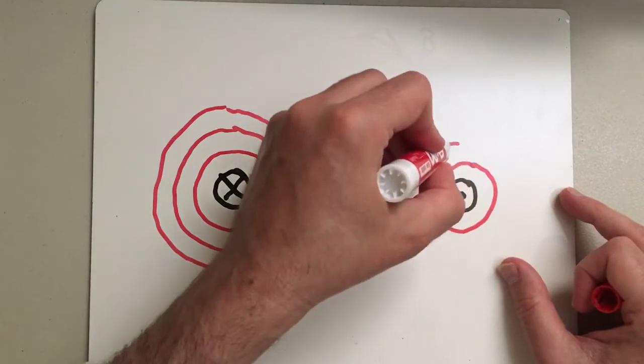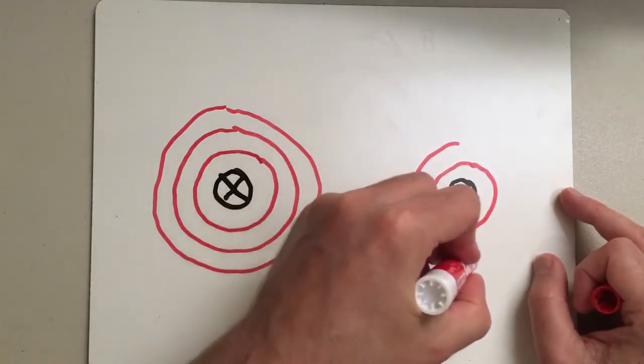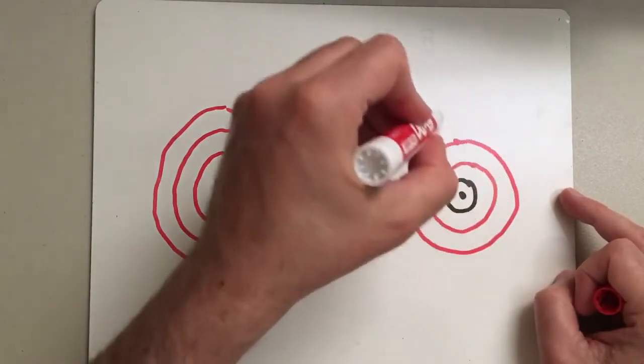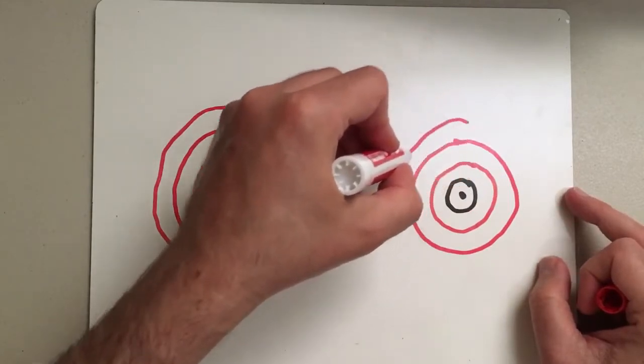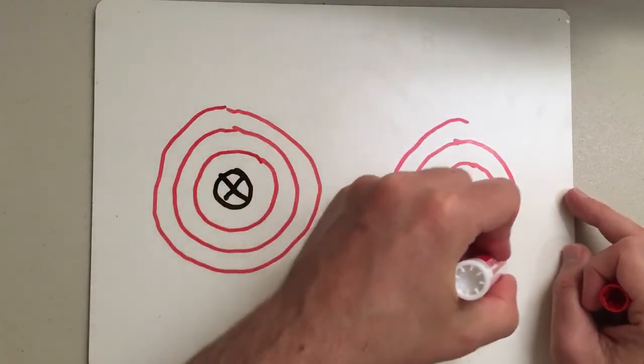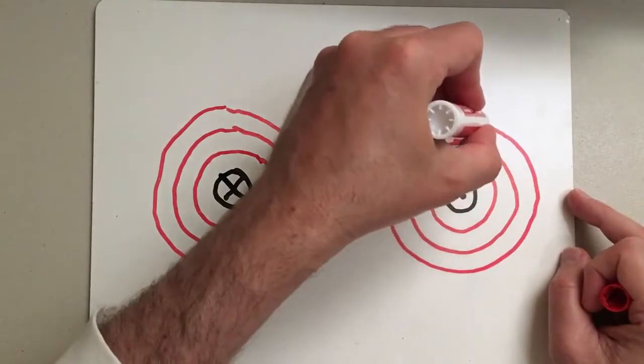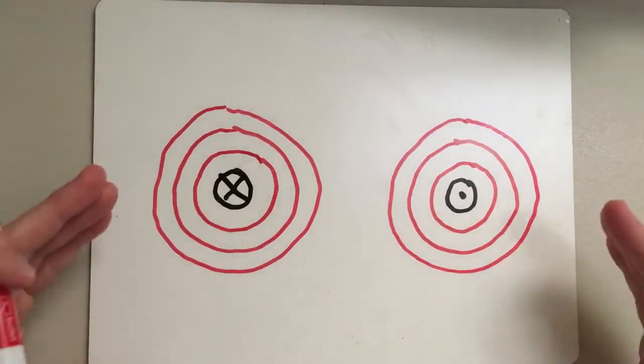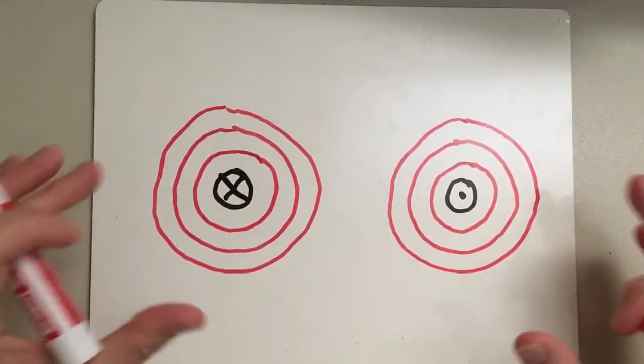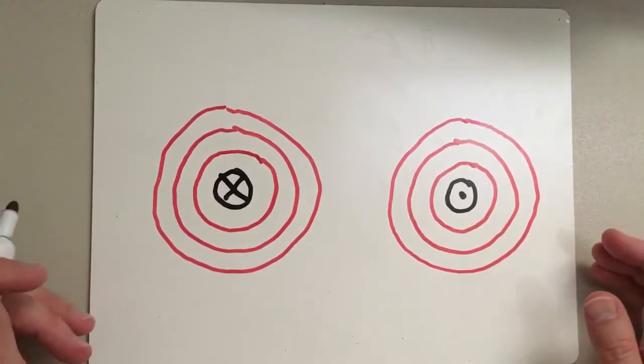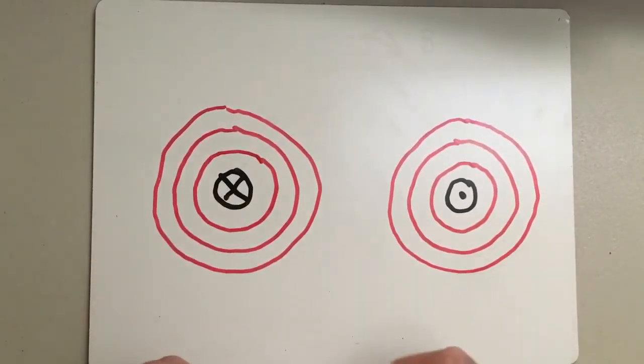Now, of course, ideally these are perfectly concentric circles centered on the current. I obviously have limited artistic abilities, but I think you get the idea. Okay, so these red circles that I've drawn represent the magnetic fields, the B fields around each loop.